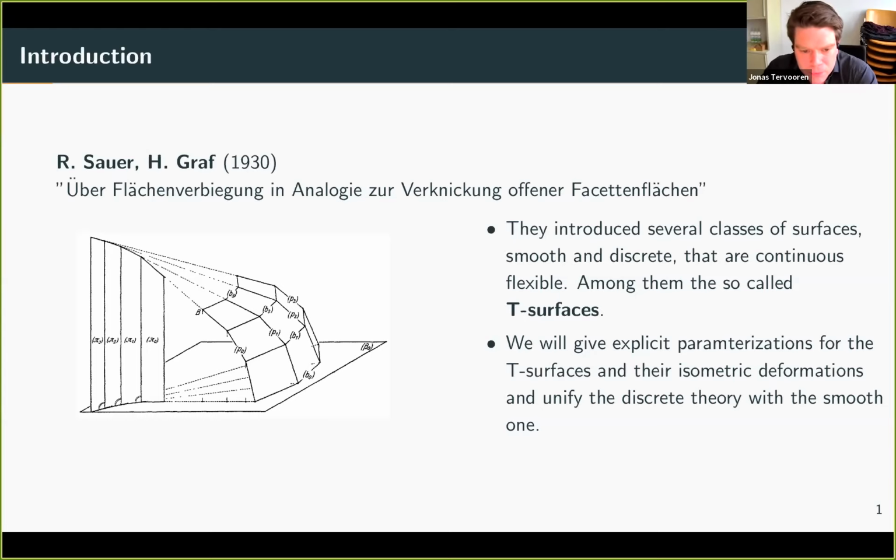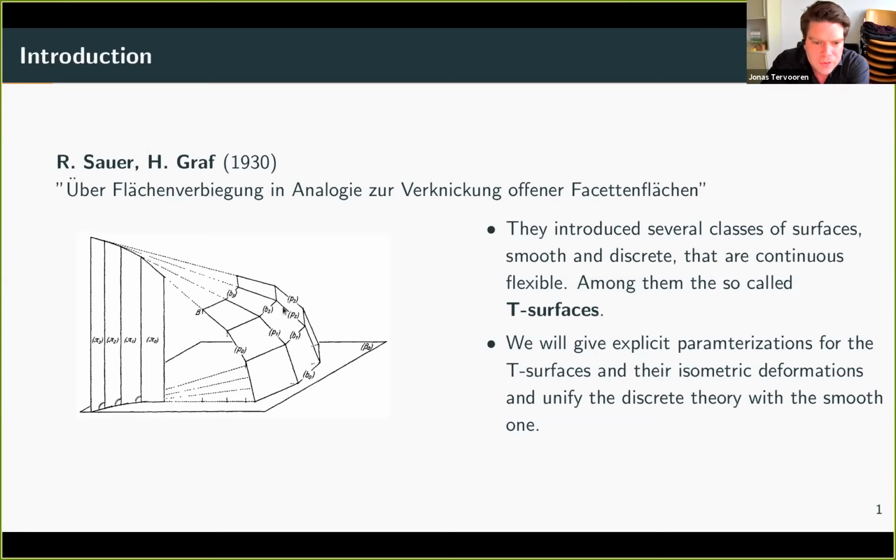And yeah, that is what we did. And we also, I would say, unified the discrete theory with the smooth one that were treated more in parallel in the old paper. Among these different classes, there's one called T-surfaces, where we can see a picture on the left.